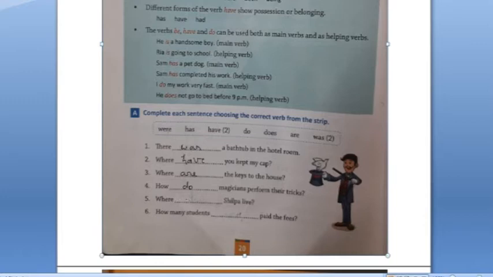So where does Shilpa live. And the sixth is, how many students paid the fees. How many students have paid the fees. So these are the verbs which we have to fill in these blanks.